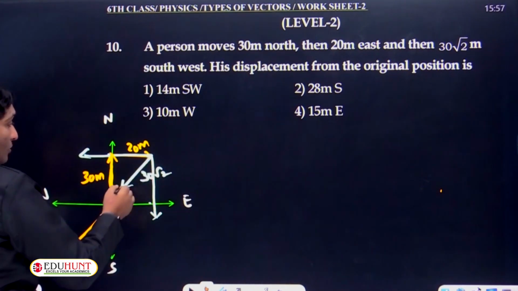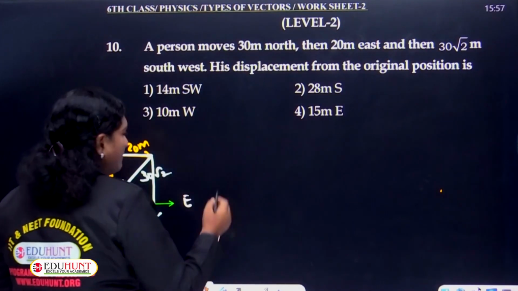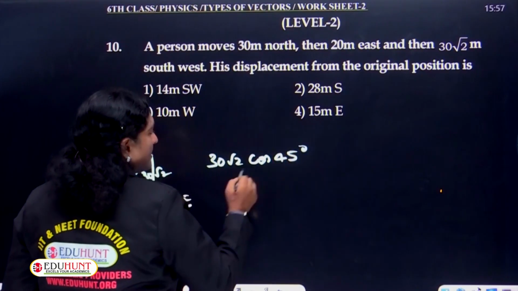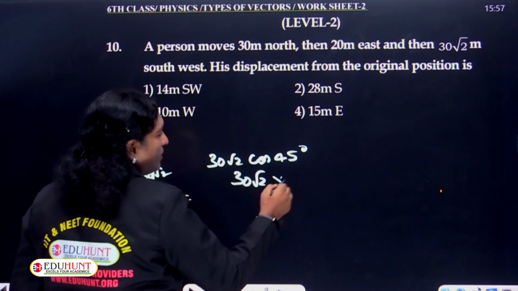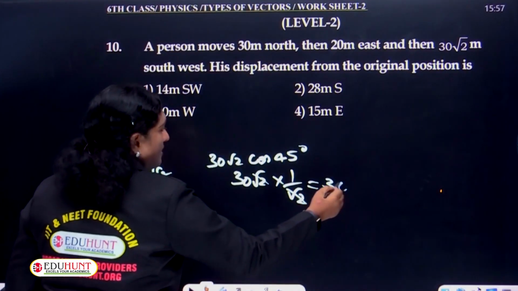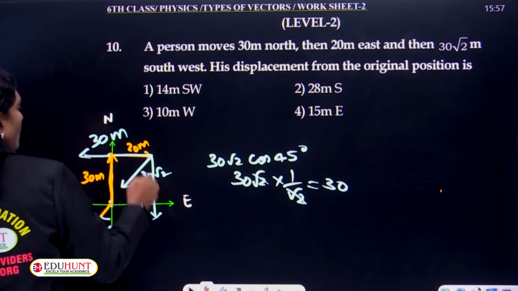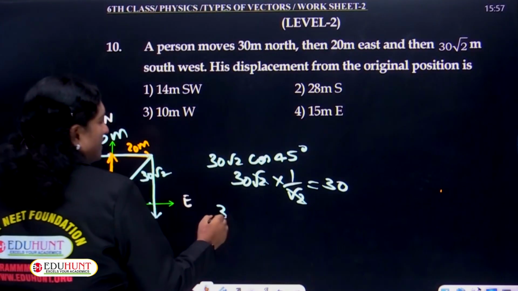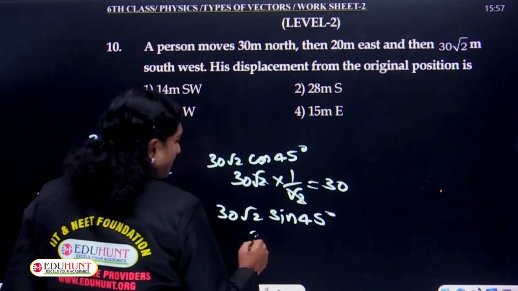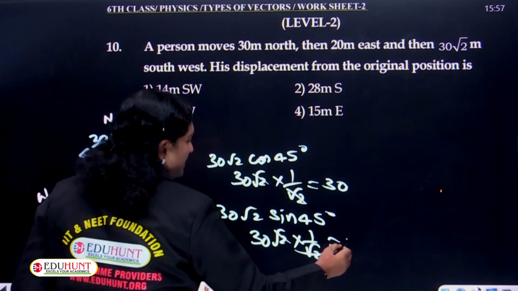So 30 √2 cos 45 and 30 √2 sin 45. 30 √2 cos 45 is nothing but 30 √2 into 1/√2, so this is 30. Along the horizontal component he covers 30 meters. Vertical component also 30 √2 sin 45, which equals 30 √2 into 1/√2, here also it is 30.